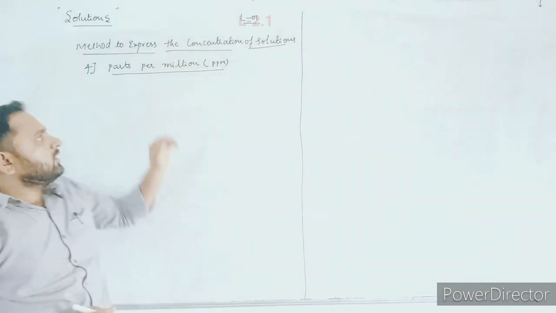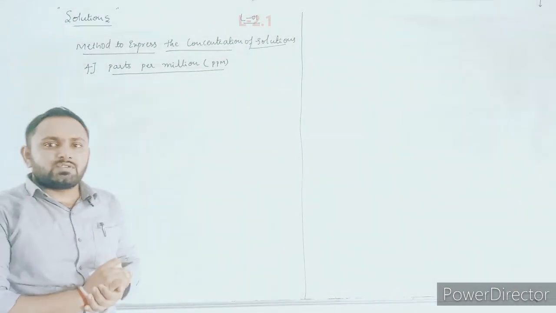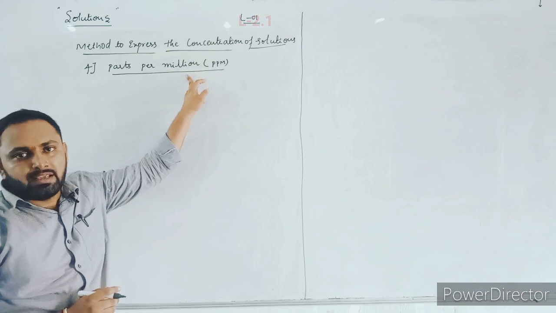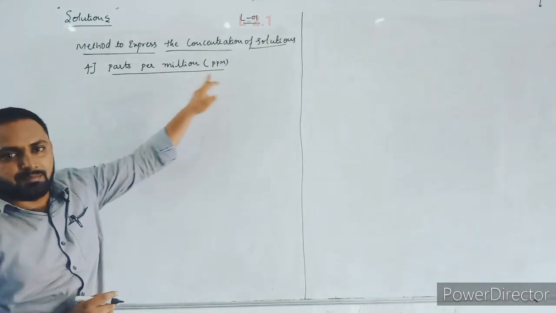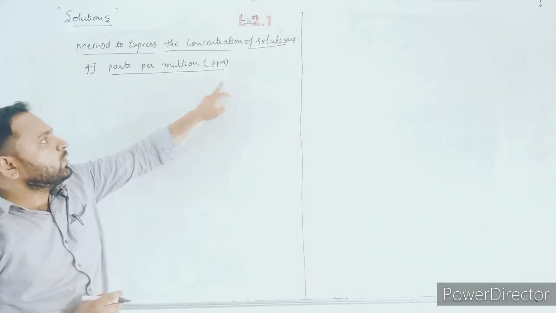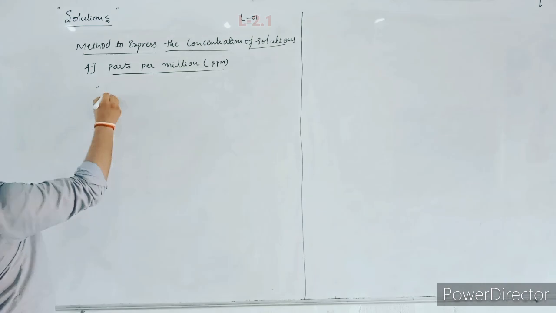Now let us discuss what is parts per million. The number of parts of solute dissolved in 1 million parts of solution is called parts per million. Here the total solution is considered to be 1 million parts. Okay, now I will write the definition here.